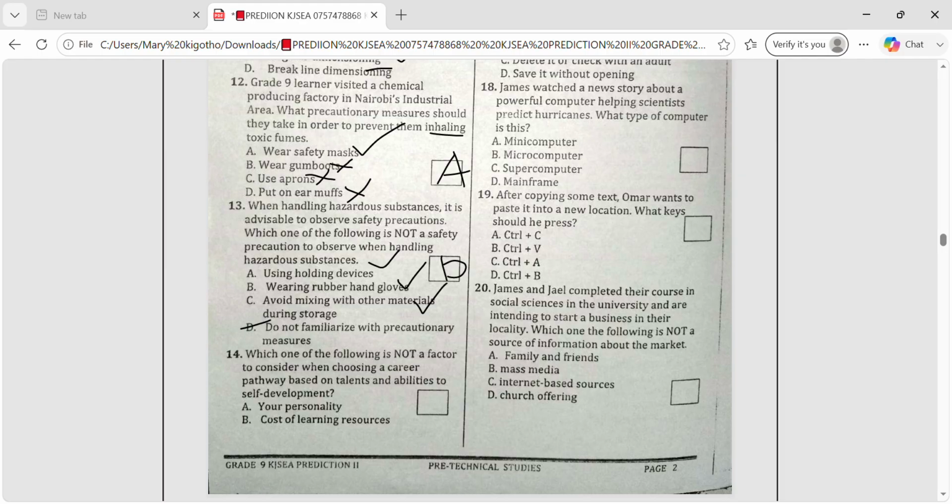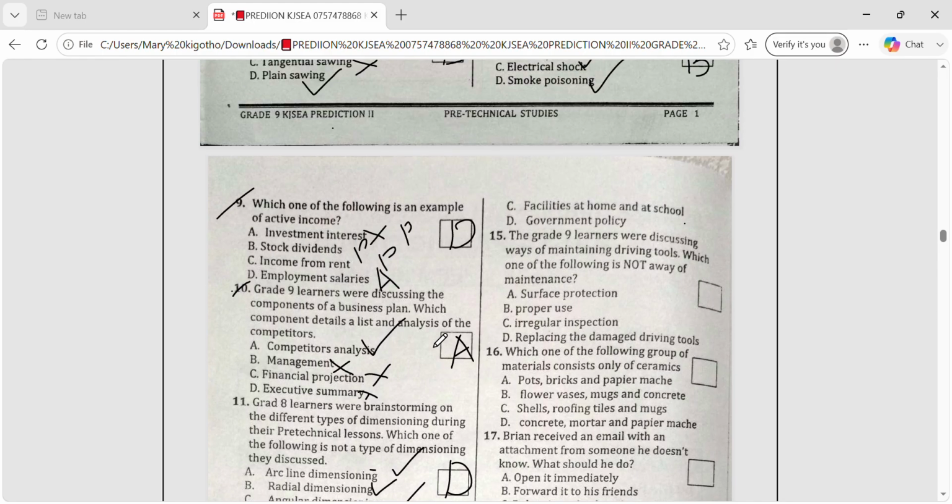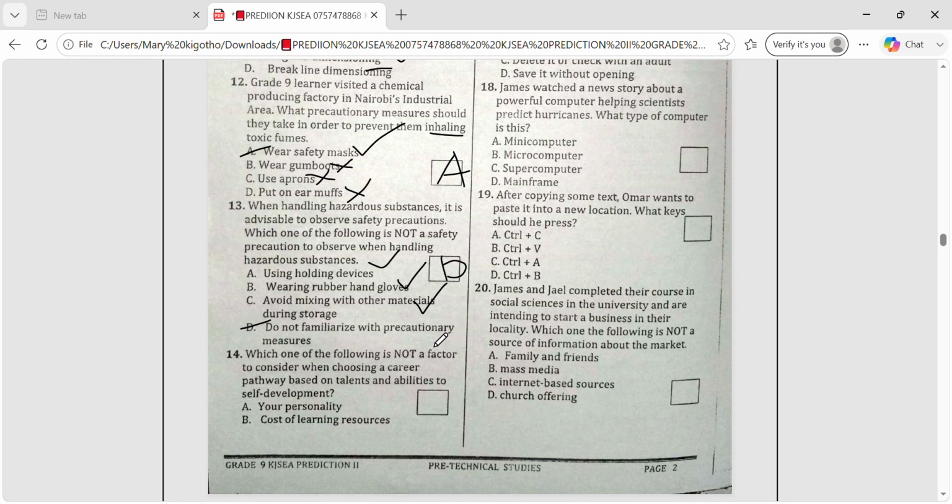Now let's continue. Which of the following is not a factor to consider when choosing a career pathway based on talents and abilities to self-development? So we learned this when you were in grade 9. Yes, you learned that in grade 9.